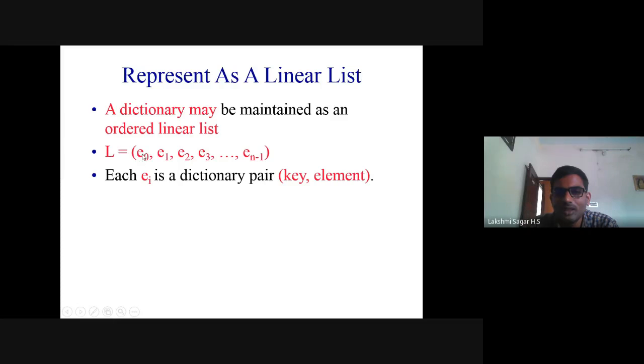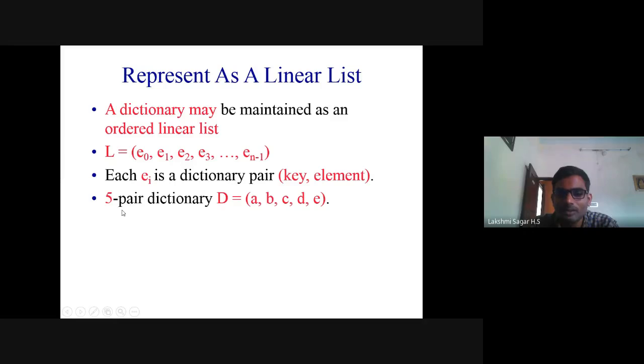Here E0 is one pair, E1 is one pair, E2 is one pair, similarly E3 is one pair, up to En minus 1. So each element Ei constitutes one pair. It consists of both key and element.